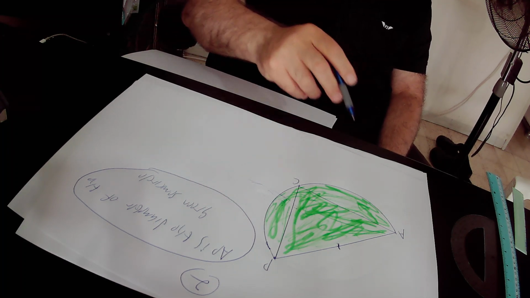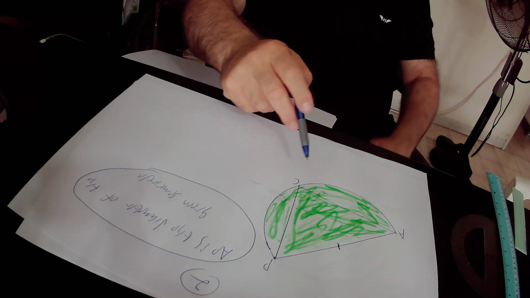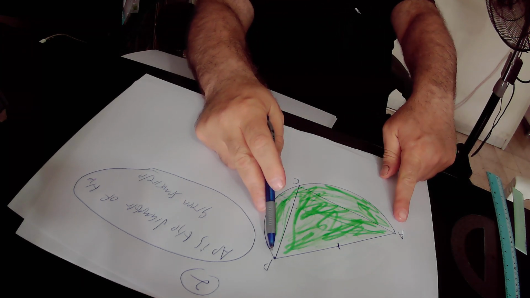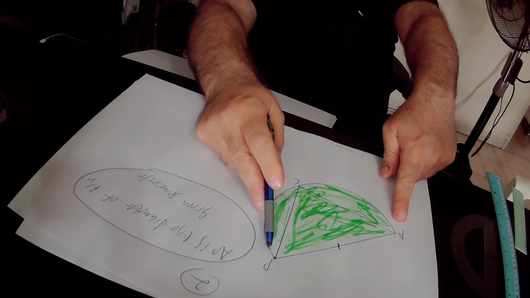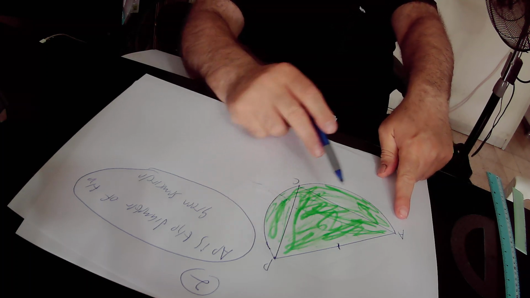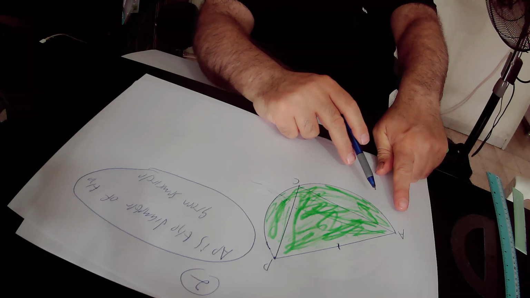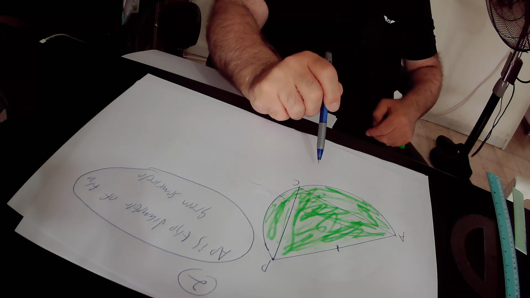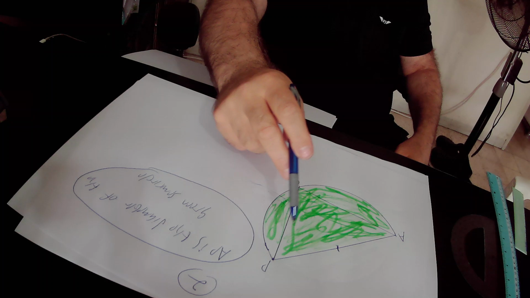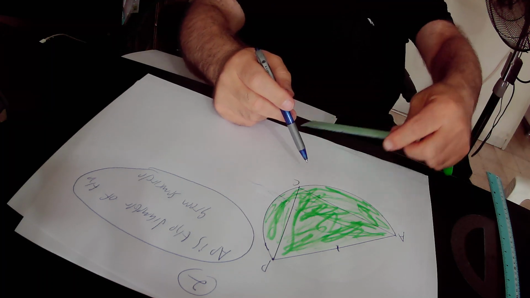And we have here peripheral angle ACP that is subtended on AP, the diameter of this green semicircle, and according to rule 7, any peripheral angle subtended on the diameter of the circle must be equal to 90 degrees. Therefore, this peripheral angle ACP must be equal to 90 degrees.